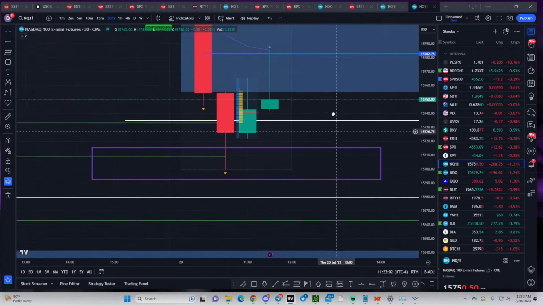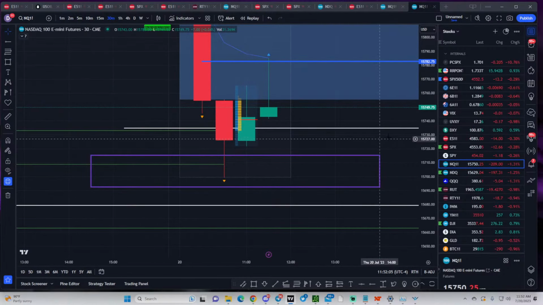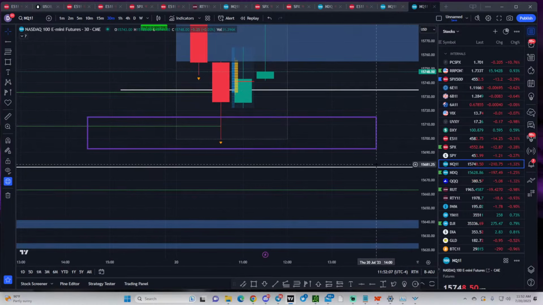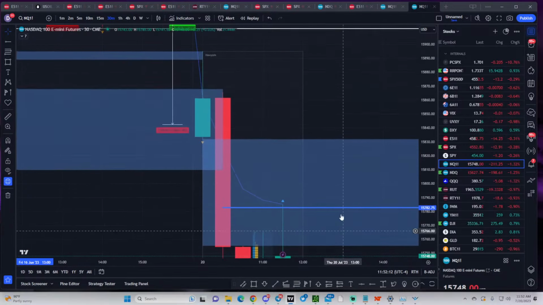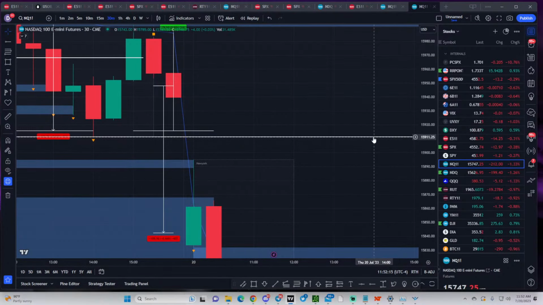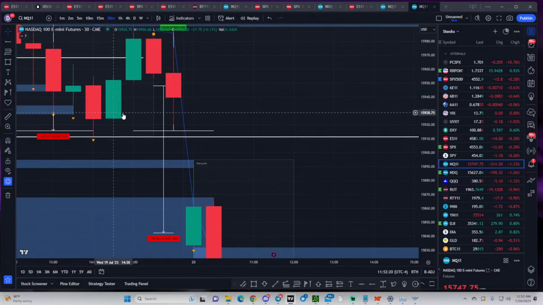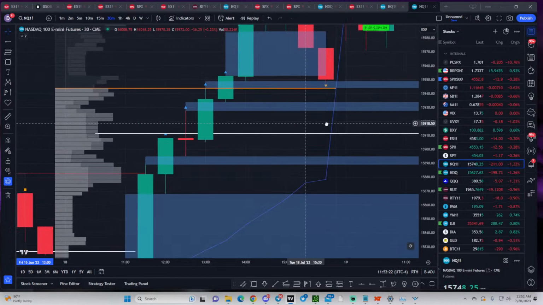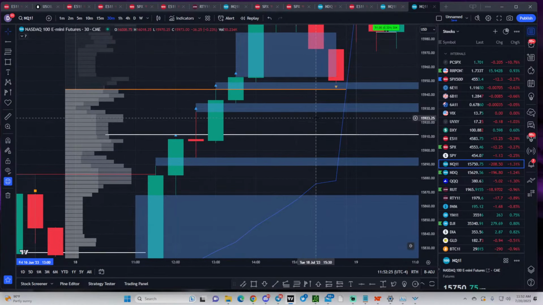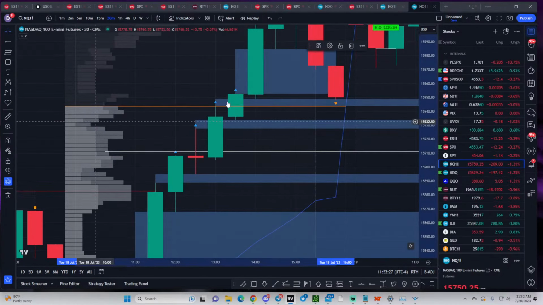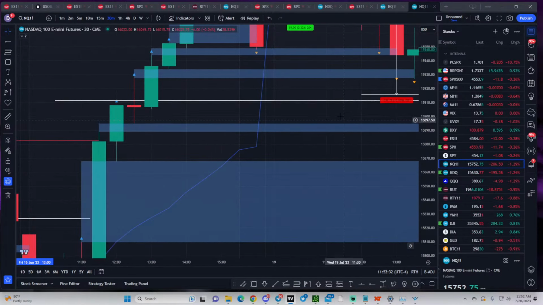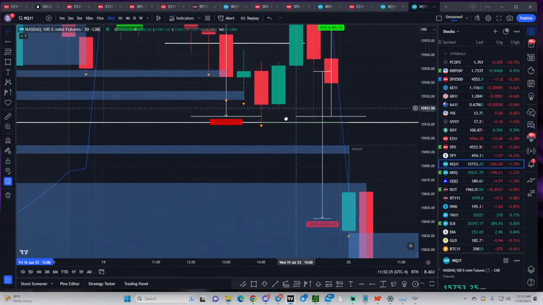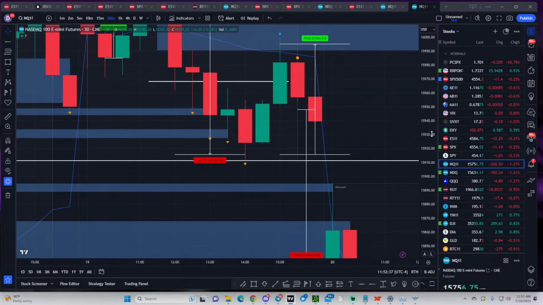In 4 hours, we got one here at 734, one here at 680, and one up here at 911, which I believe is the gap fill. There's a 4 hour naked POC up here that it comes from. Oh, this is the session POC, I'm sorry. Let me delete this volume profile so I don't get confused. No, that's actually from this area here. That naked POC was hit here, 4 hour. Oh, look at that. This is perfect.